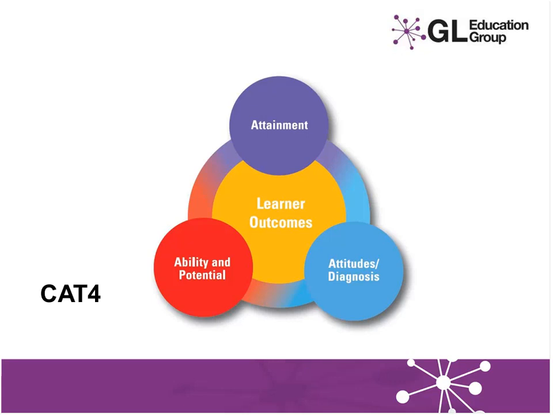If you then understand the attainment of the pupil as well, which may be through teacher assessment or through our Progress in Maths, Progress in English and reading test assessments, then you understand where the pupil is now. And the third factor is the attitude of the learner, which can be assessed through our PASS survey. So we structure our assessments on this basis, and the ability and potential, CAT4, is what we're looking at today. So, what is the true potential of the learner?